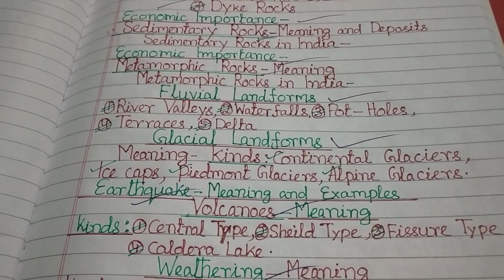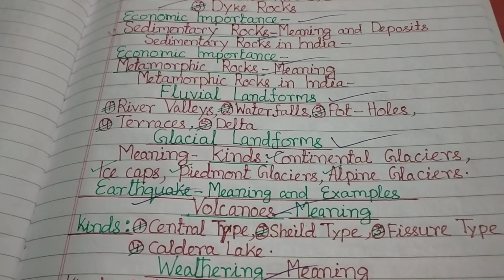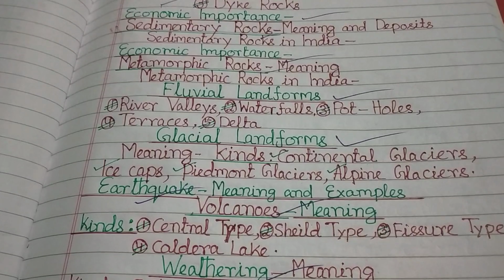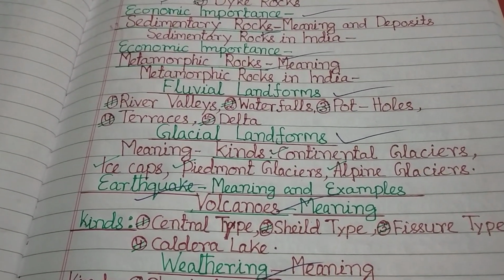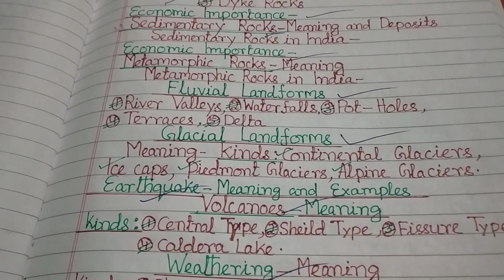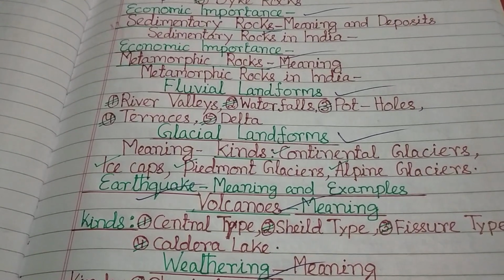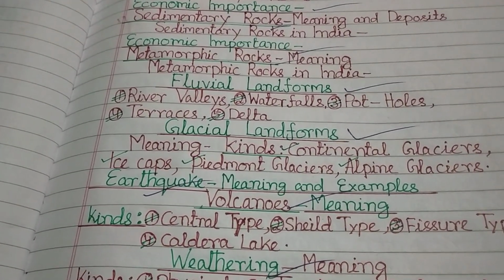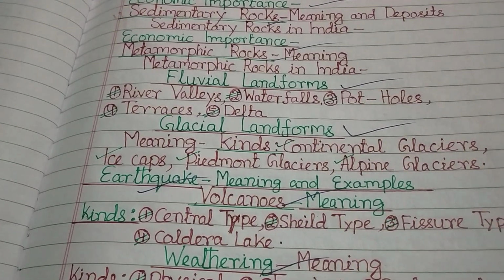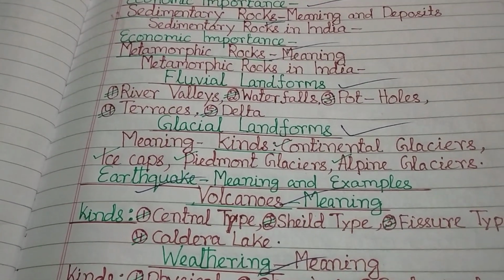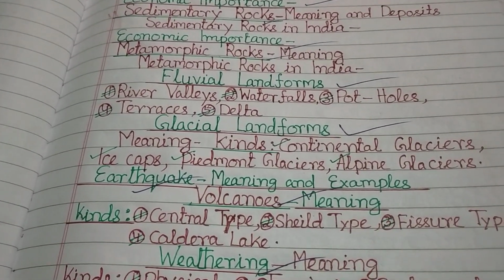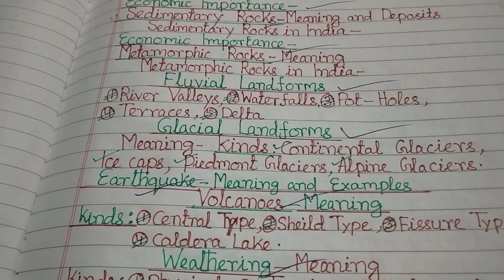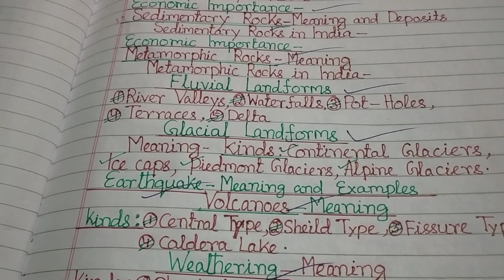These minerals are specifically referred to as the rock-forming minerals. A mineral is a naturally occurring inorganic substance possessing certain physical properties, a definite chemical composition, and a definite atomic structure.